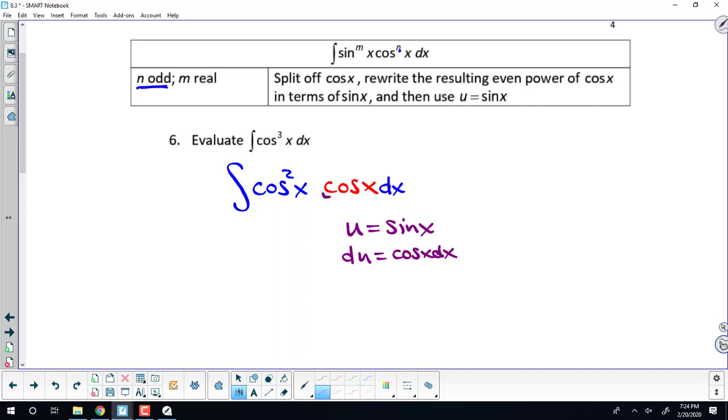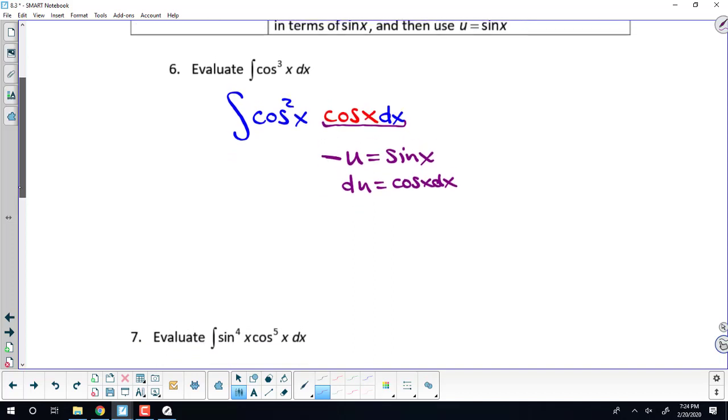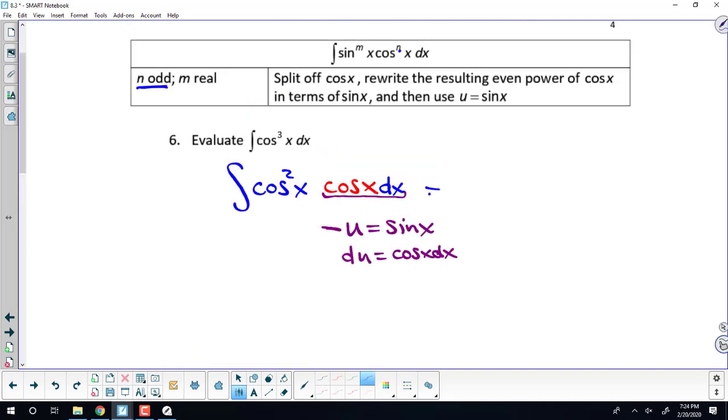So that's our du. We need everything else in terms of u, or sine of x. So we've got to rewrite cosine squared in terms of sine. So Pythagorean identities again. 1 minus sine squared.